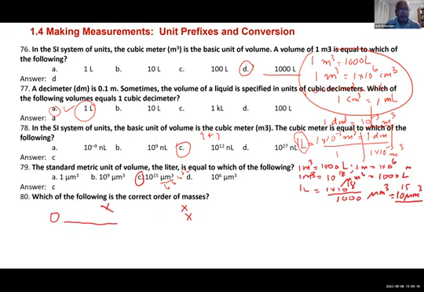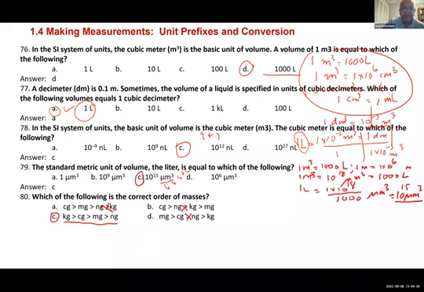You have to sit down and figure out which of the following is the correct order of mass. We did similar things. That's increasing order here. So A has a contradiction, B has a contradiction, D has a contradiction, and C is the correct answer.